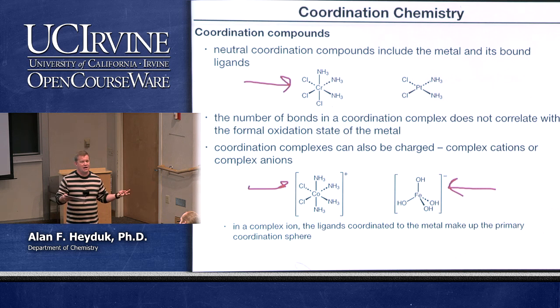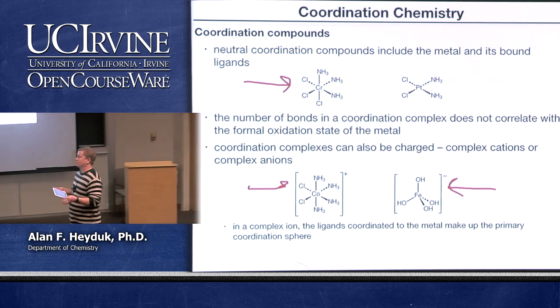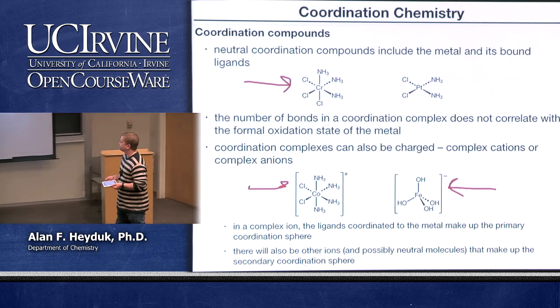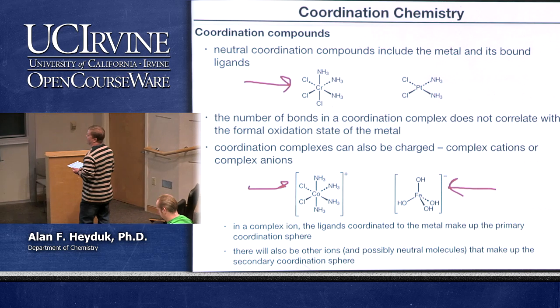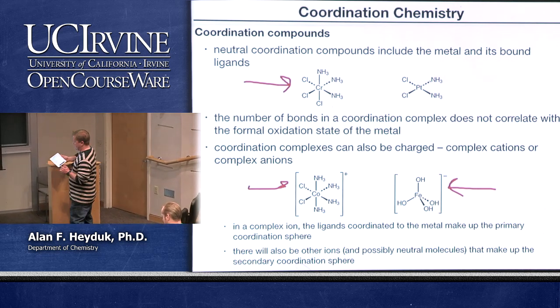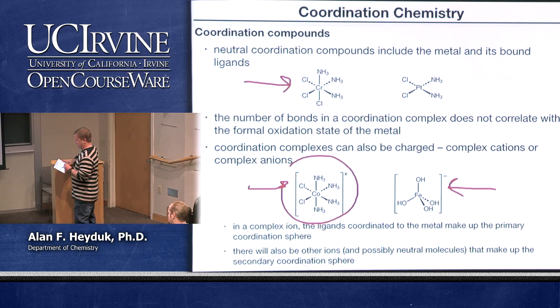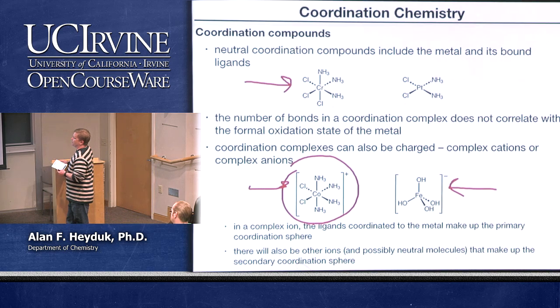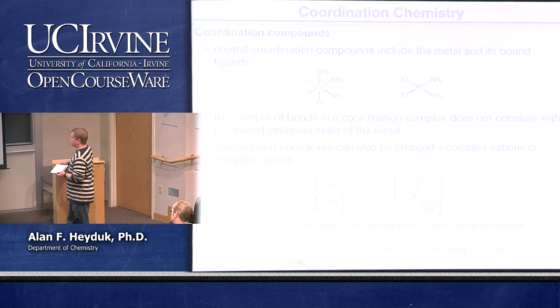The counter-anion or counter-cation typically has much smaller effect on the overall reactivity or properties of the complex. And so, obviously, if you have a cation like this, you better have an anion around to balance it because we can't put charged species in a bottle. And they will make up part of what we call the secondary coordination sphere.